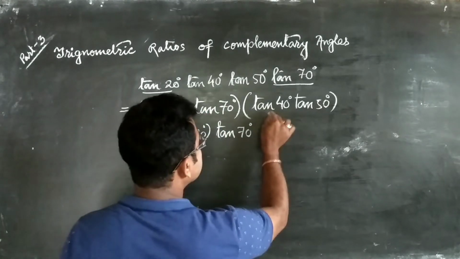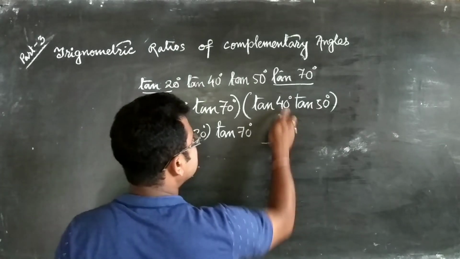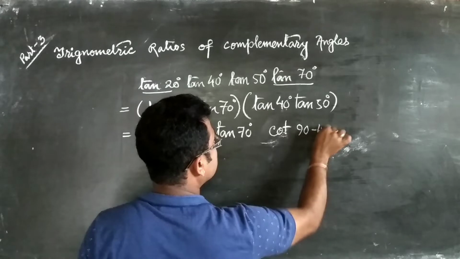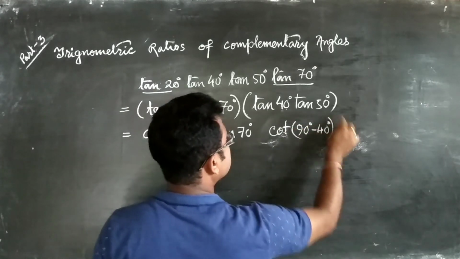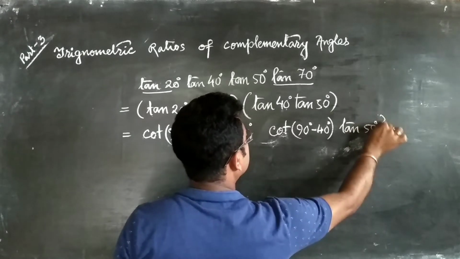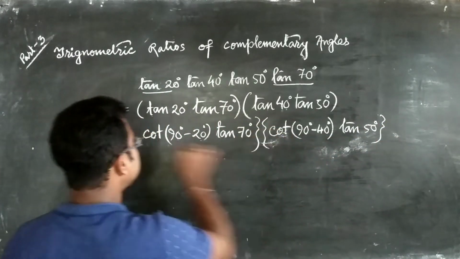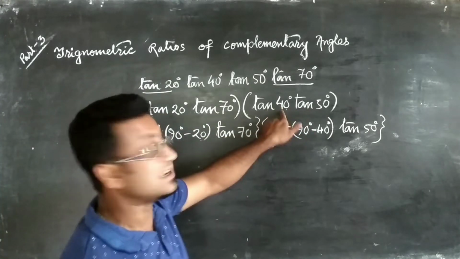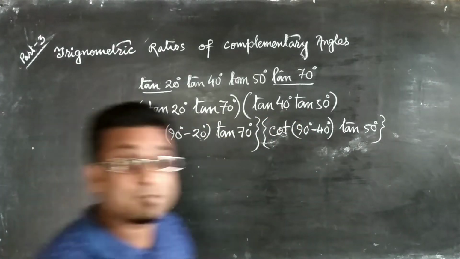Here similarly, tan 40 will be cot of 90 minus 40, into tan of 50. And one thing you remember, you are not to change both, you are to change only one. Out of these two I have changed the first one. Fine. Why is this step necessary?